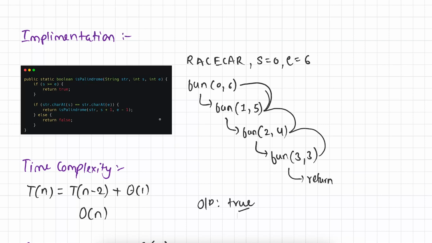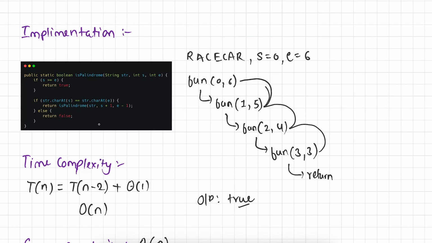Now, talking about the time complexity of this recursive function. Whenever we have a recursive function, we generally write the recurrence relation of the function. In this case, the time taken by this function is the time taken by the recursive call with n decremented by 2, plus some constant work. Here we are doing constant work, checking whether S is greater than or equal to E and so on.